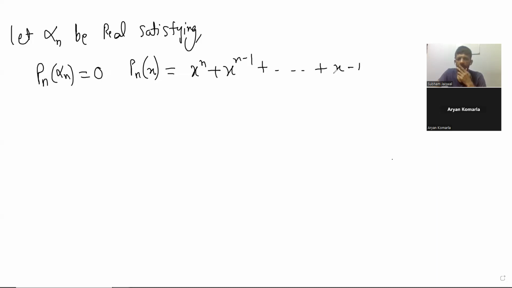The last one is minus. And now we have to find the limit of alpha n as n tends to infinity.